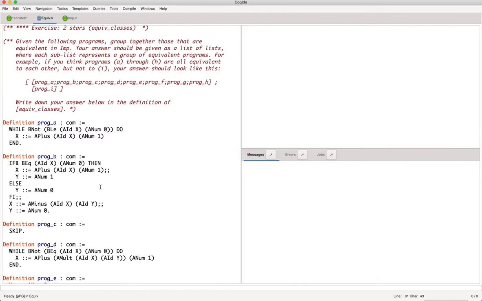So what I would encourage you to do is pause the video here and have a look at them all, and try and partition them into equivalence classes of programs that are equivalent to each other. And then once you've had a go at that, come back and I'll go through my version of it next.